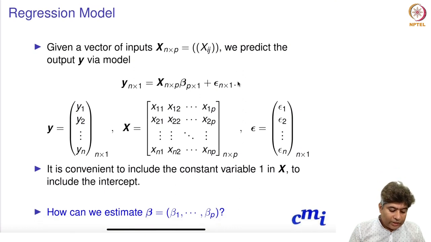So, we will start with a simple regression model which has, say, n rows and p columns. What I mean by n rows, p columns: n is the number of samples and p is the number of predictors.